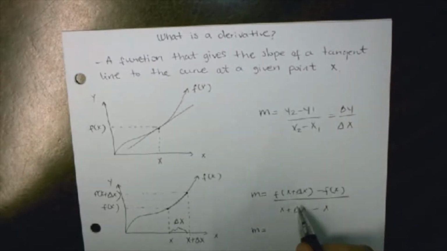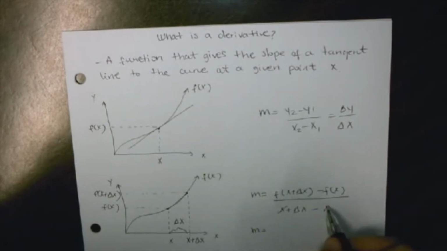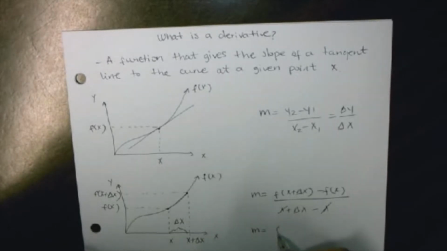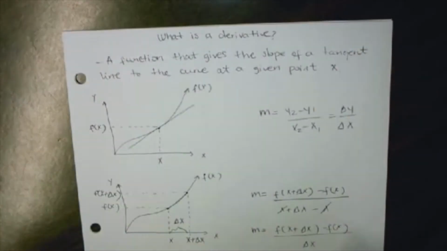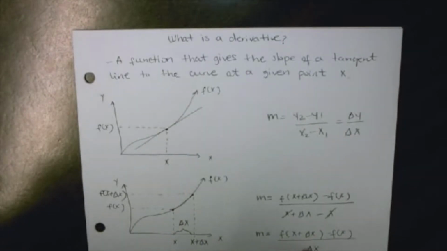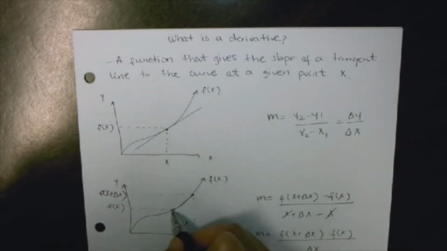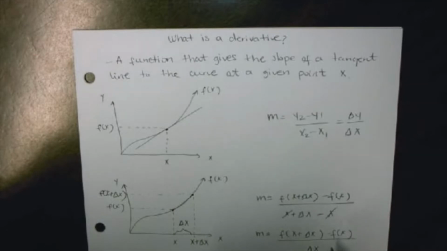So we can see that at the bottom, positive x and minus x cancel out. We get f of x plus delta x minus f of x over delta x. So this is the slope of the secant line going through these 2 points. This is also called the difference quotient.